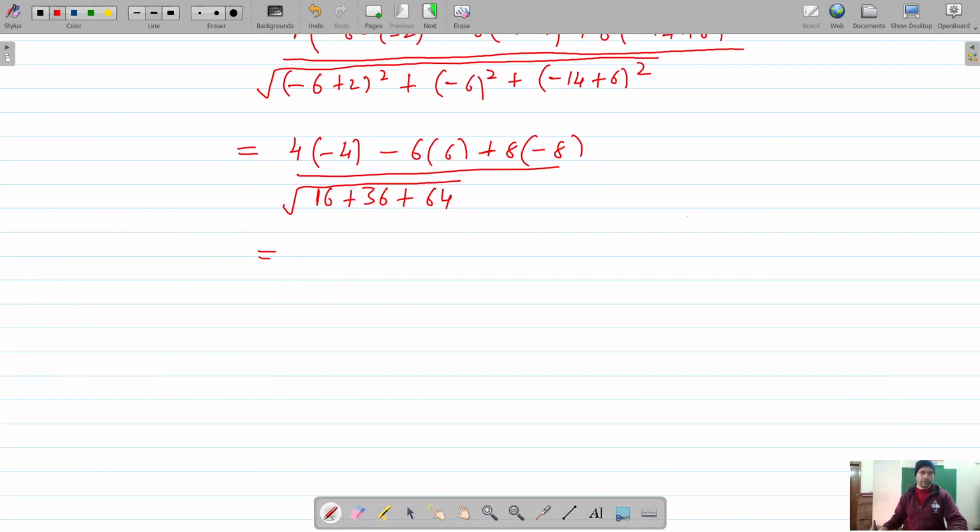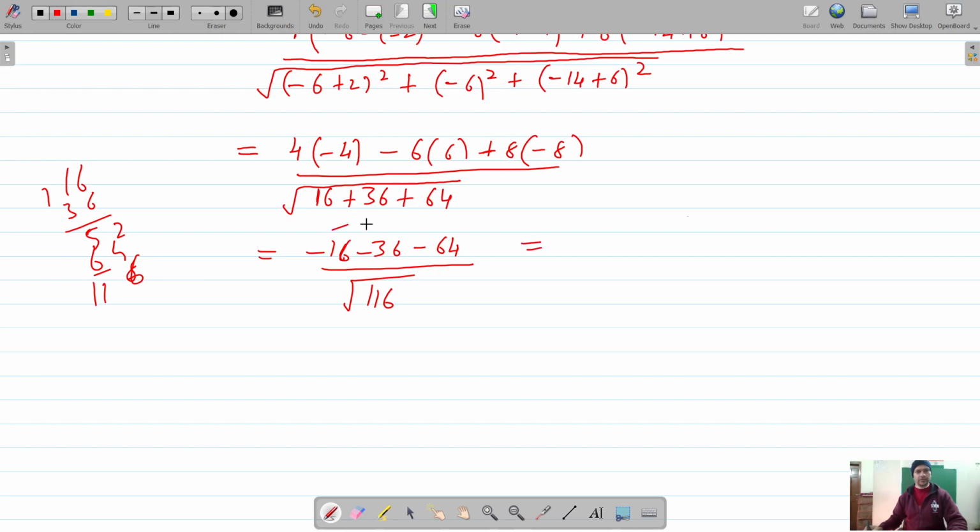So this is minus 16 minus 36 minus 64, divided by the root of 16 plus 36 plus 64, which is 116. So 64 plus 36 is 100, giving minus 116 over root 116.